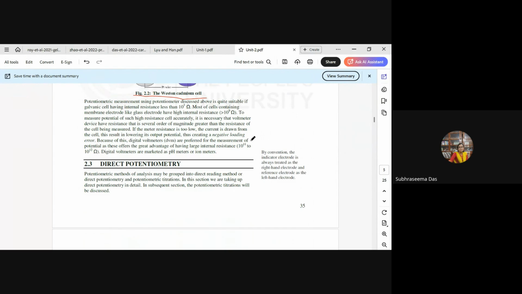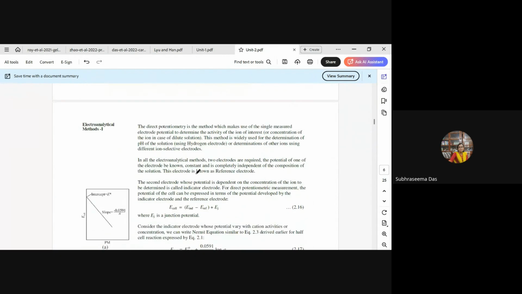Then coming to direct potentiometry. Potentiometric methods can be grouped into the direct reading method, or direct potentiometric method, and potentiometric titration. The direct potentiometric method makes use of a single measured electrode potential to determine the activity of the ion.